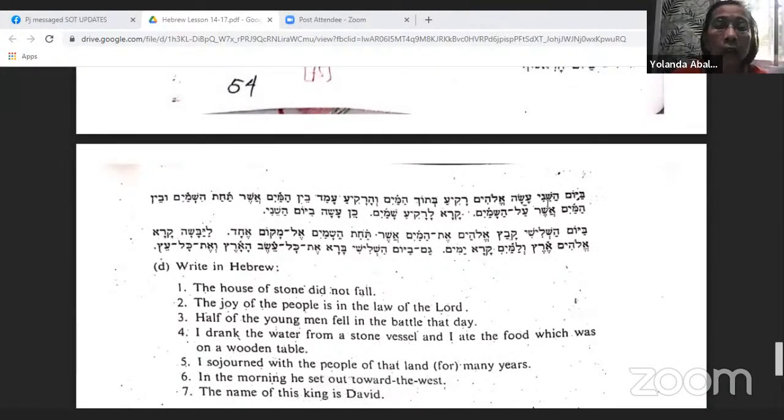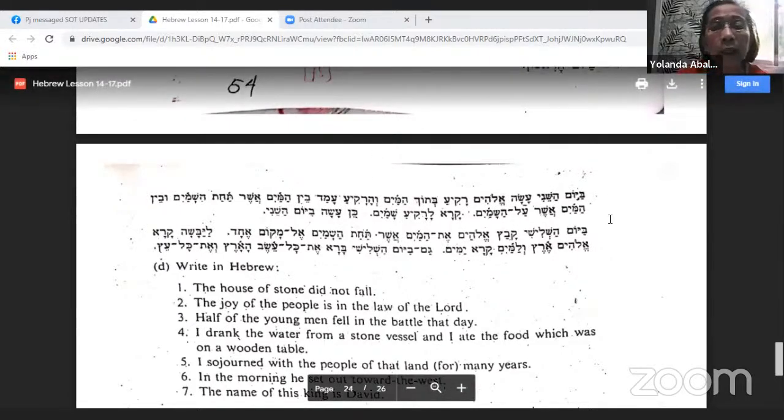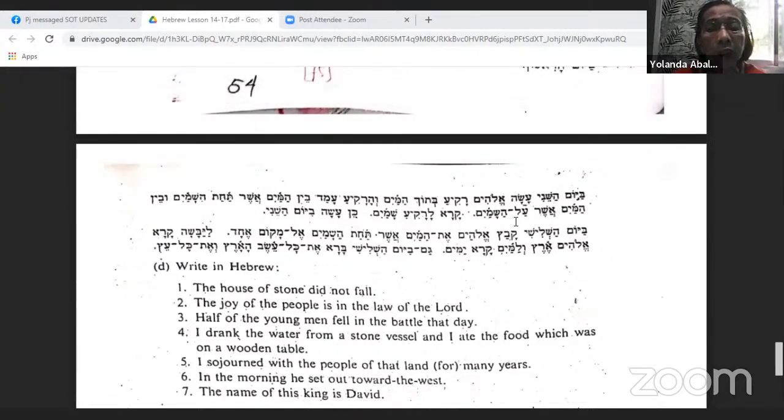Bayom Hashini Asa Elohim Rakia Betuk Hamayim Zehar. Rakia Ahmad Ben Hamayim Asher Takat Hashamayim O Ben Hamayim Asher Al Hamayim. Period.